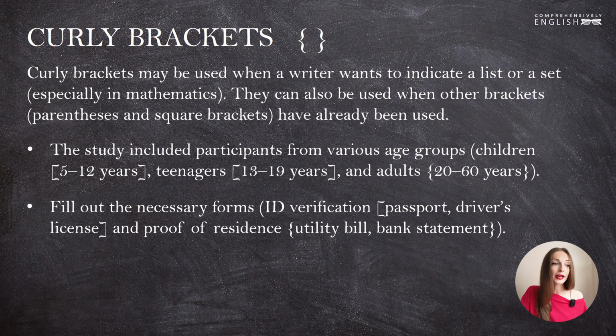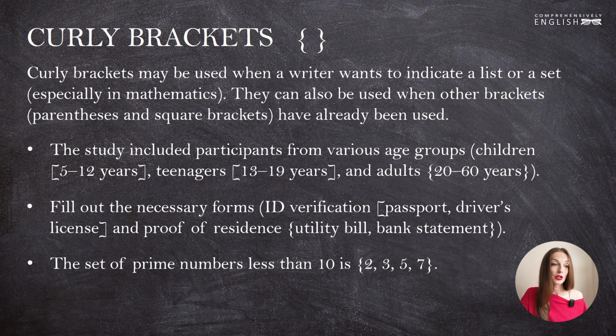Here, these curly brackets differentiate the two required types of information. And finally, the last example: the set of prime numbers less than 10 is 2, 3, 5, 7. As I have already mentioned, in mathematics, curly brackets are often used to indicate a set. This is what we see in this last example.